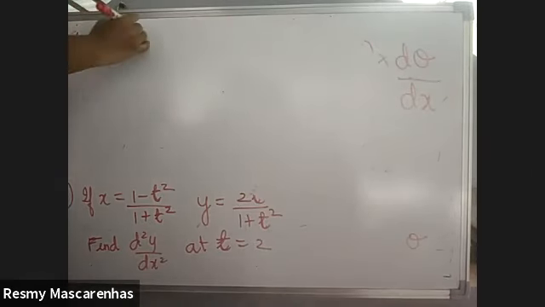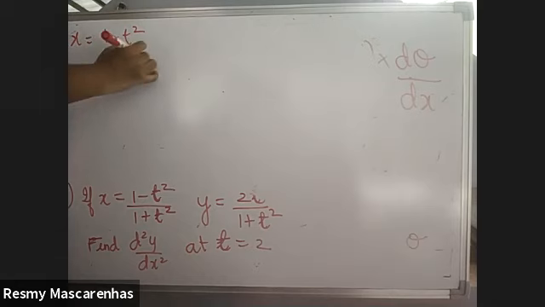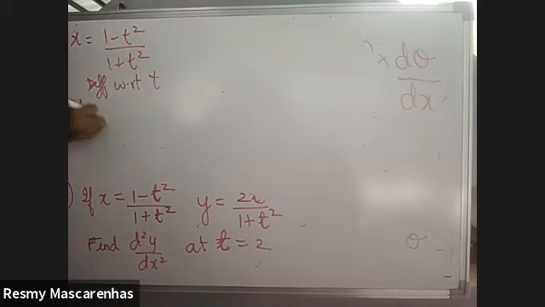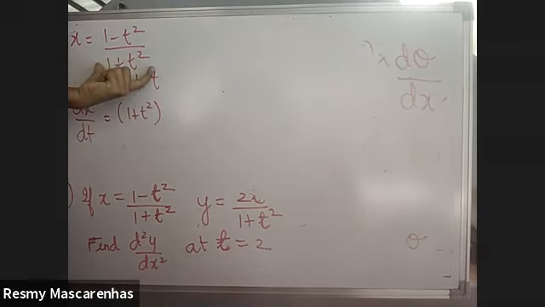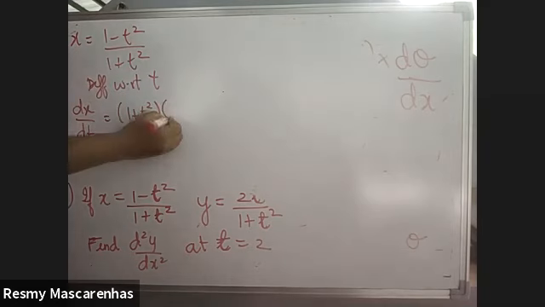X is equal to... so we have to differentiate with respect to t. So dx upon dt, u upon v. So what is the formula? v into derivative of u. Please put brackets. This is whole v into derivative of this.